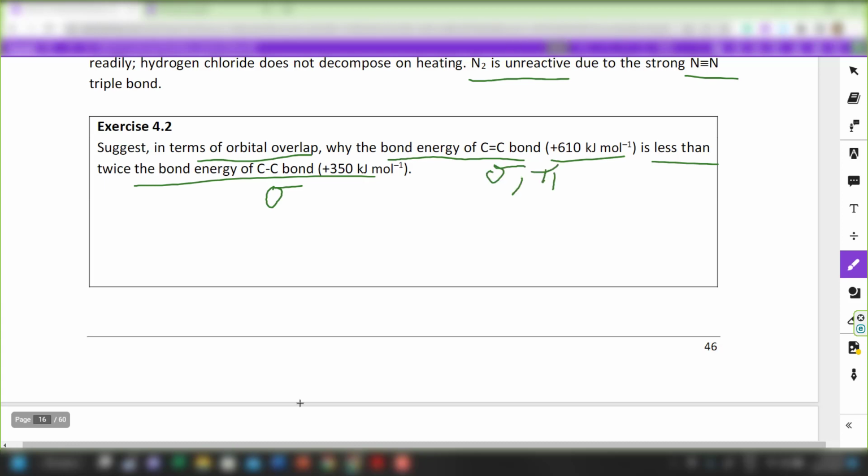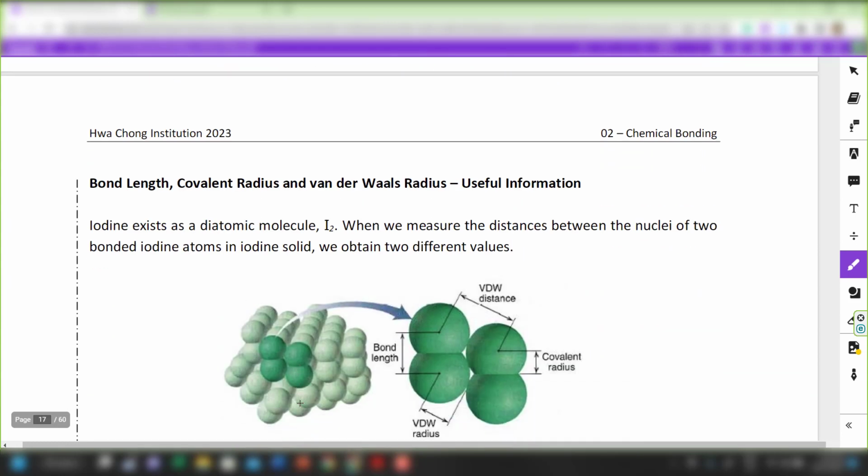Sigma bonds are stronger because they involve head-on overlap, but pi bonds involve side-on overlap, so the region of overlap is smaller, so it leads to a weaker bond. So the pi bond is weaker than a sigma bond, and therefore a double bond is not twice the bond energy of a single bond. Yep, so that will be the end of exercise 4.2.